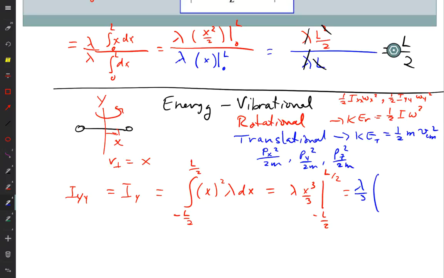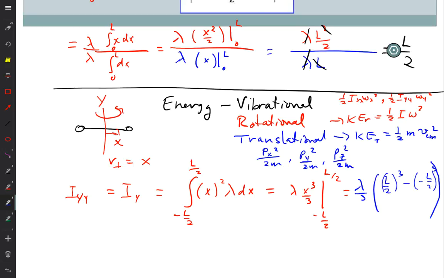Over 2 cubed minus over, plus 3 L over 2 cubed. Okay, there I put it in explicitly. Notice I have minus a negative L over 2 cubed. Minus L over 2 cubed is negative L cubed over 8.